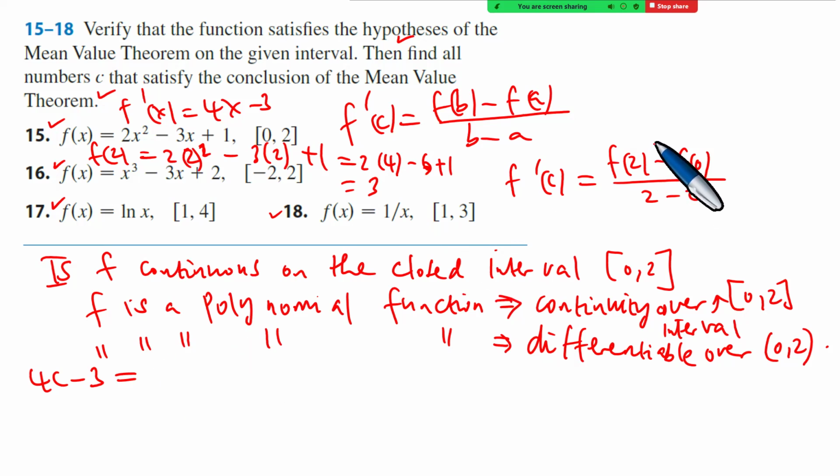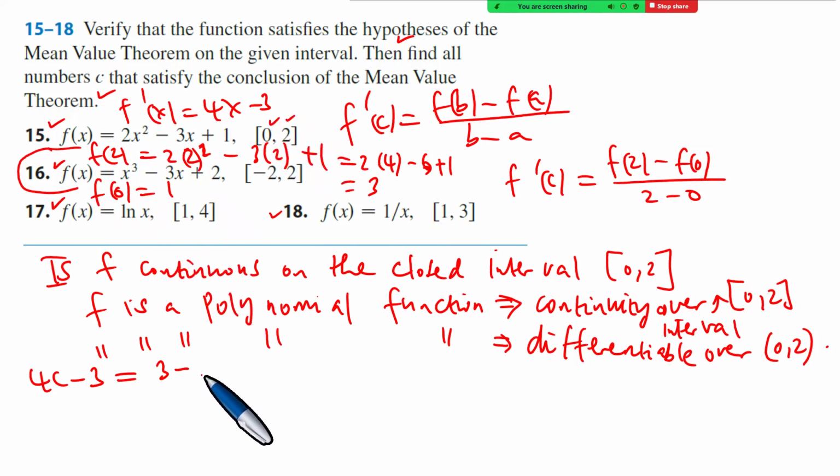So here you put 3 minus f of 0. f of 0 is clearly 1. So in number 15, we can see that f of 0 equals 1, and we are computing f of 0 and f of 2.